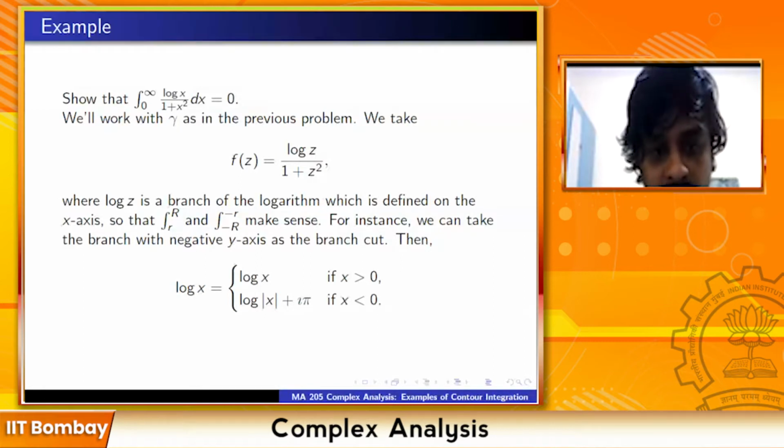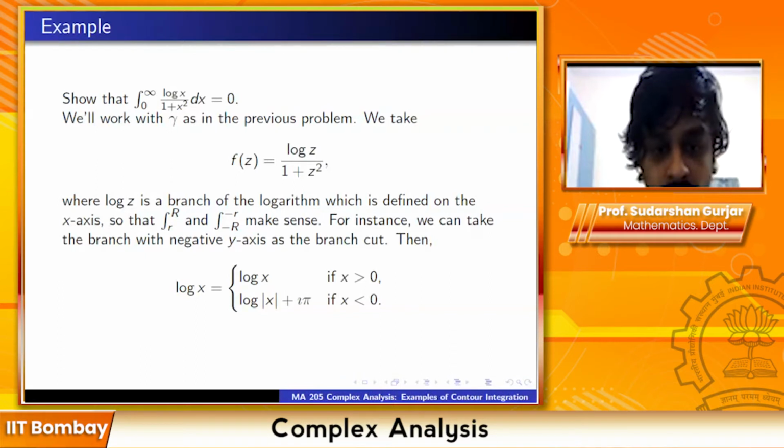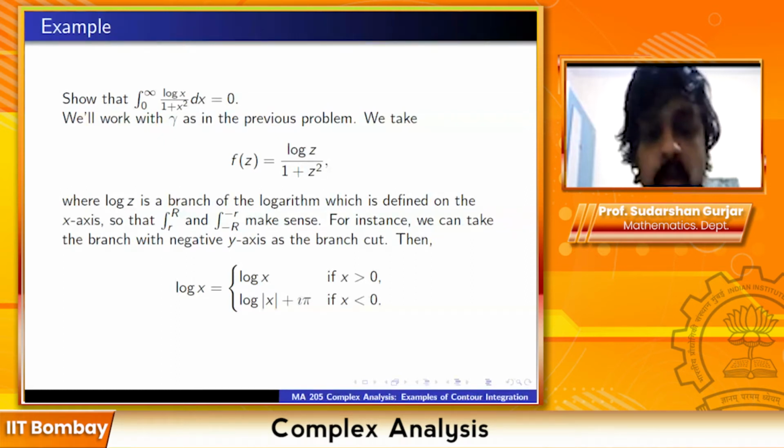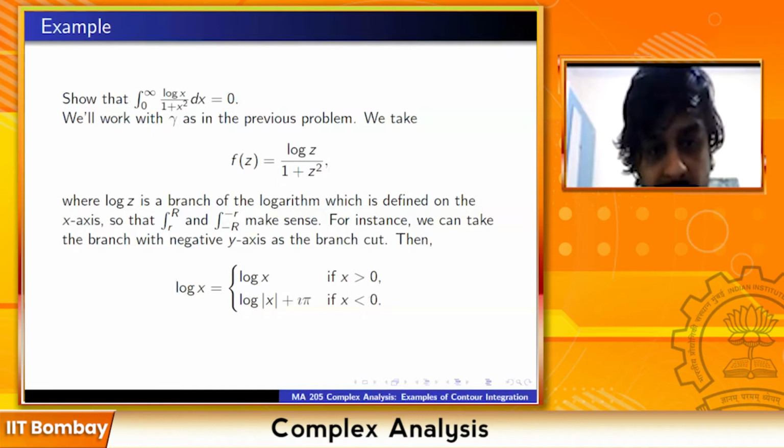You can check that e raised to log of mod x plus i pi gives you mod x times minus 1, so it is really equal to x when x is less than 0. These are the values which log takes on the x-axis minus the origin.